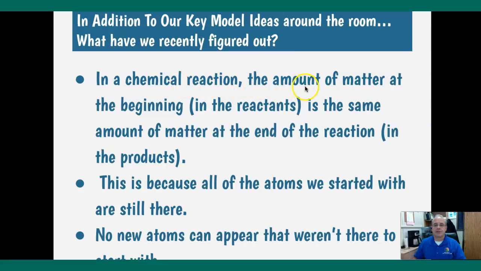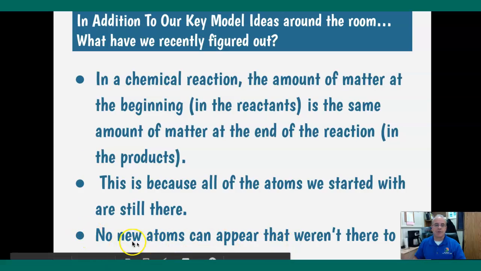In a chemical reaction, the amount of matter at the beginning, the reactants, is the same amount of matter at the end in the products. Nothing disappears. It's all accounted for somewhere. This is because all of the atoms we started with are still there. We didn't make any new atoms, and we didn't make any disappear. They're all around somewhere. So no new atoms can appear that weren't there to start with.